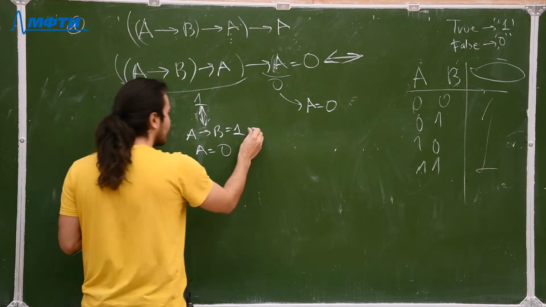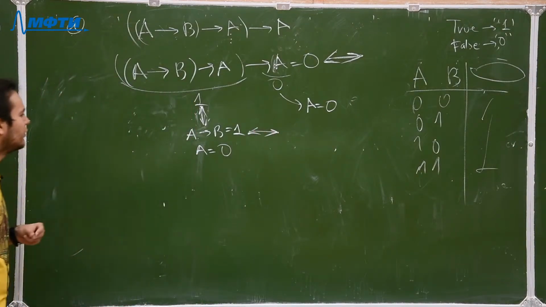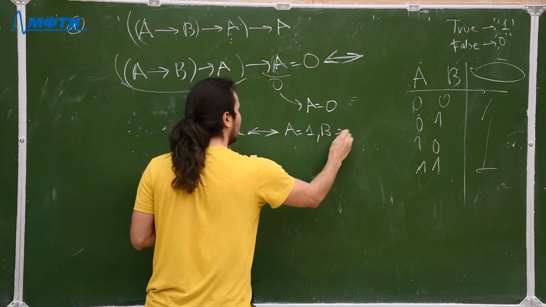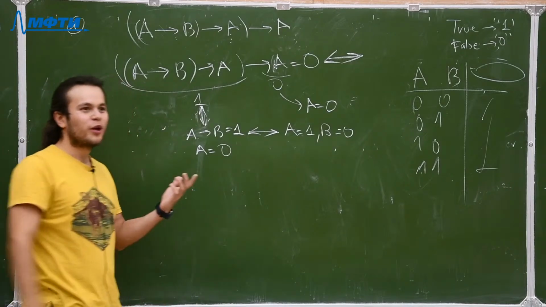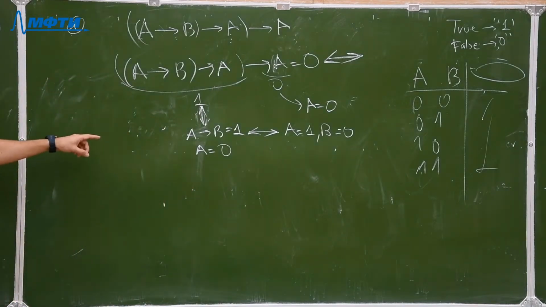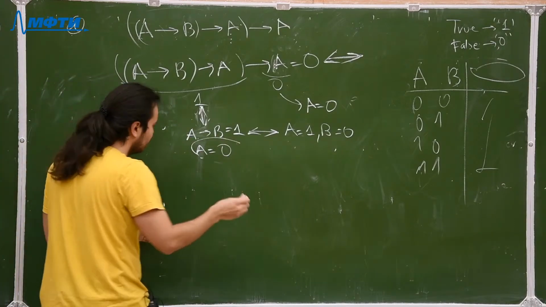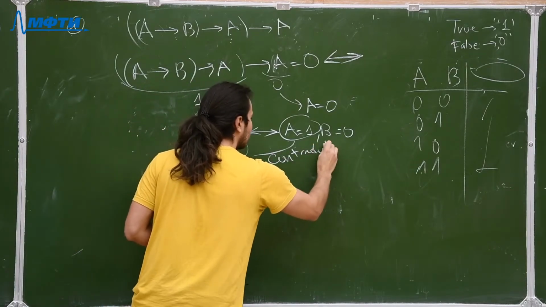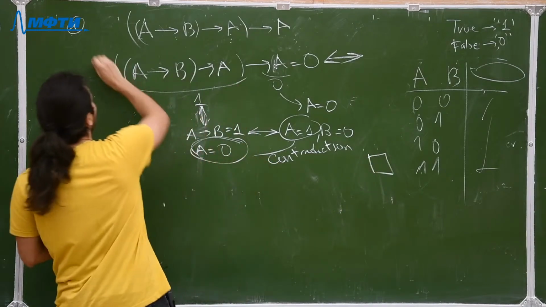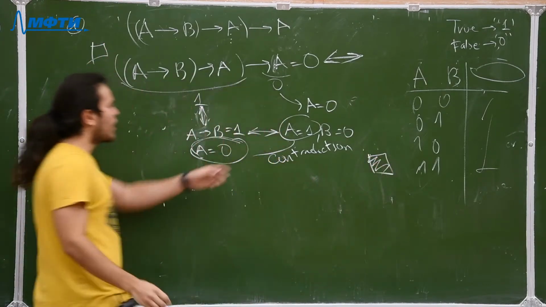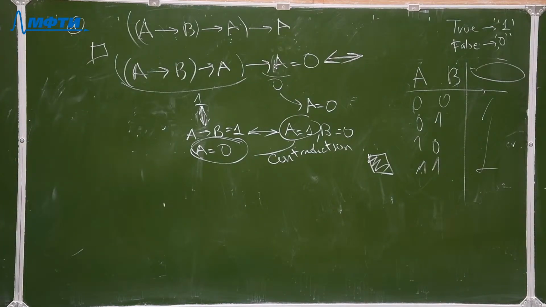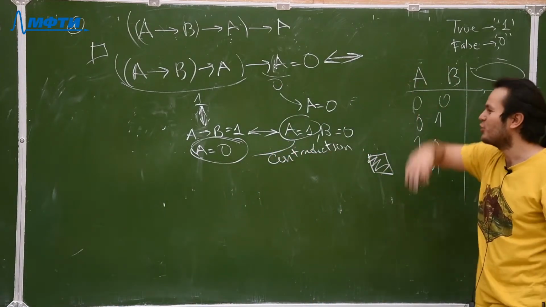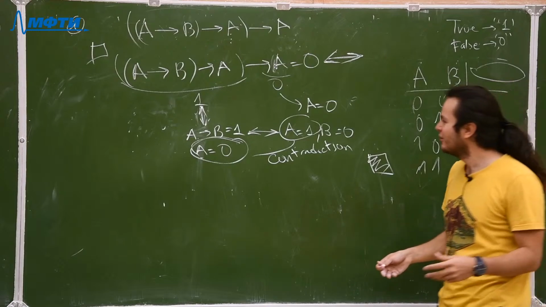And this is true if and only if... Where do we get a contradiction here? Yes. So this is the proof. So we got a contradiction. So this cannot be equal to 0. So it is always equal to 1, so it is always true, so it is a tautology. Okay?